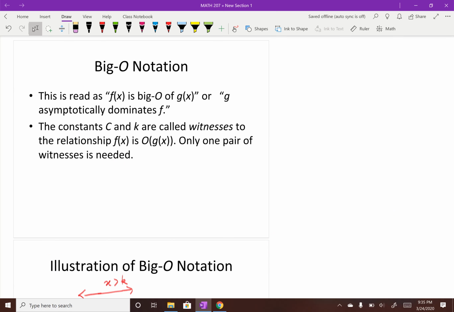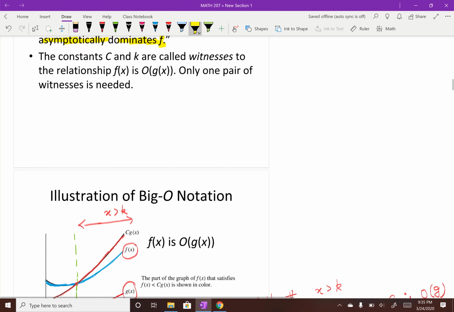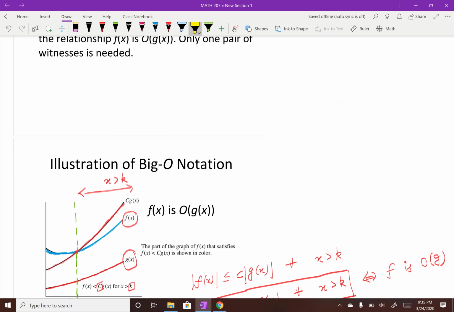So for the big O notation, when we read that the function f of x is big O of g of x, it has a meaning. That means you are saying the function g of x is going to asymptotically dominate your given function f. And that's the meaning of this figure, that you can choose those witnesses c and k in such a way that this function c times g of x is going to asymptotically dominate your given function f of x.